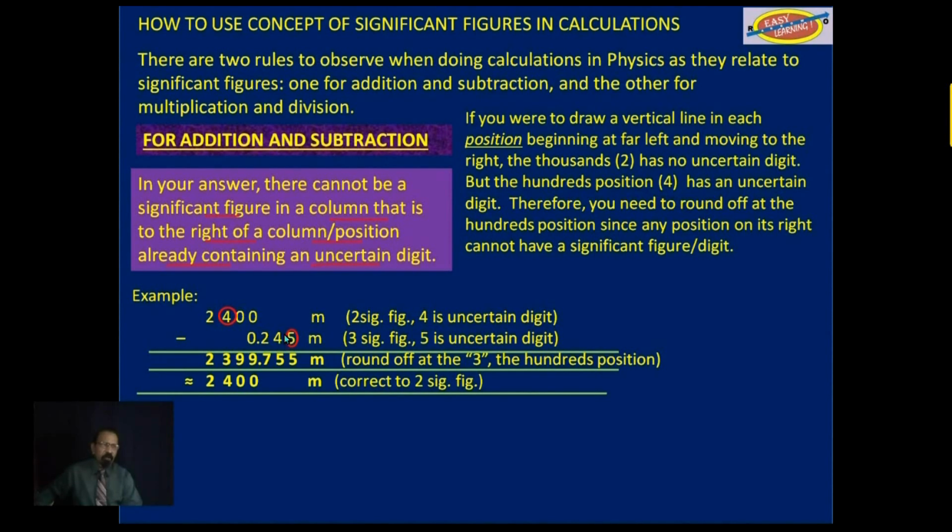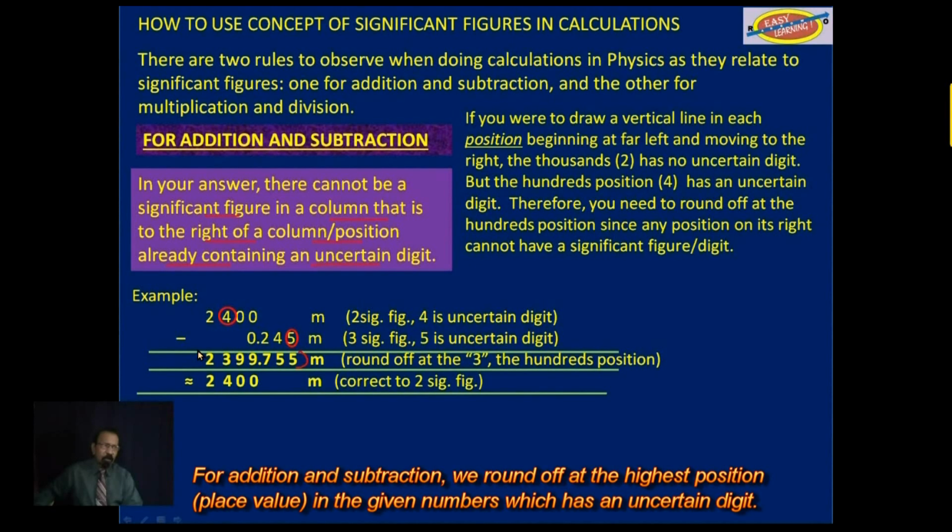Now, when you subtract this below number from the top one, you get 2,399.755. If you leave it like that, CSEC will deduct a mark because you have too many significant figures. The same rule applies. If you draw a line coming down from the far left, you notice that you have not encountered any uncertain digit in the thousands position.